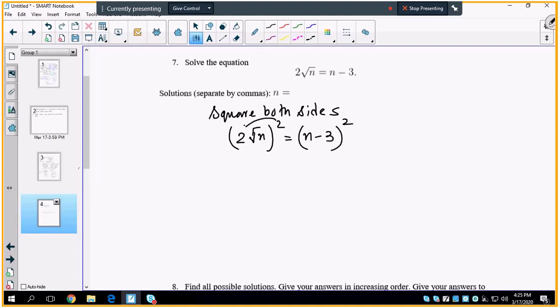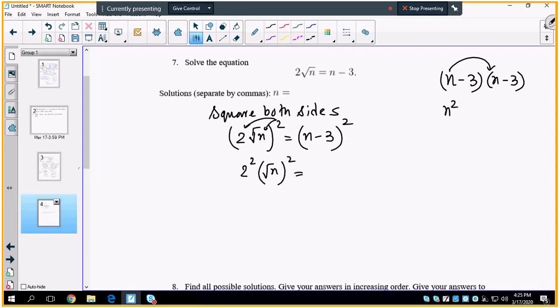Also remember distribution of 2, so you get 2 squared times square root of n squared. On the other side, this is the time when we are going to not make that mistake of writing n squared plus 9. Rather, we will write n minus 3 multiplied by n minus 3 and start distributing.